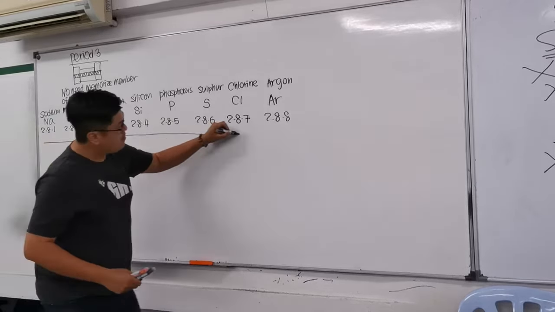So you can see metal, metal, metal, non-metal, non-metal, non-metal, non-metal, non-metal. Can you see that? You change from metal, become non-metal now. When you change from metal to non-metal, your metallic properties decreases. Does it make sense? Yeah? That's it. You change slowly from metal to non-metal.